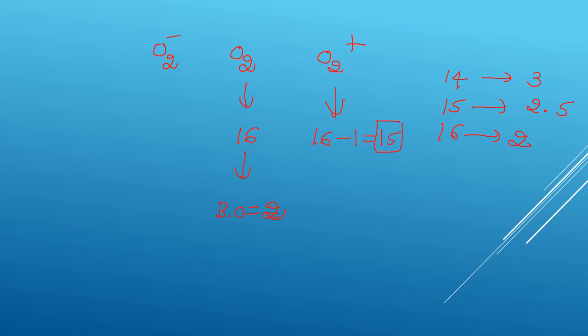If the total number of electrons is 15, the bond order is 2.5. In the case of the O2 minus ion, the total number of electrons is 16 plus 1, which is 17. If it is 17, the bond order is 1.5. So the species with the highest bond order among these three is the O2 plus ion.